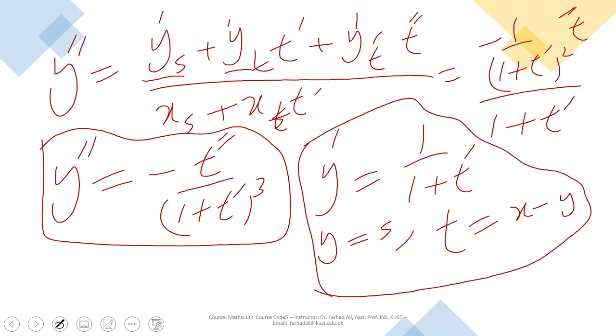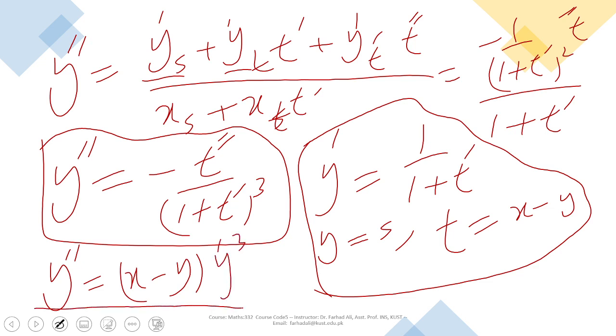So these are the variables I will put in the differential equation. I am writing the differential equation here also: y double dash is equal to x minus y and y dash cube. So I have to put all these things in this differential equation.